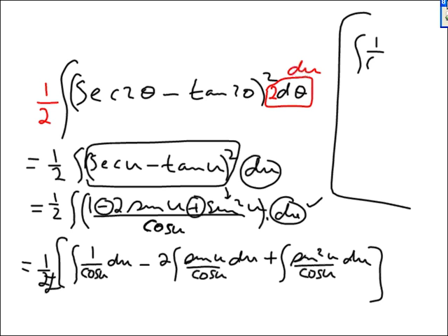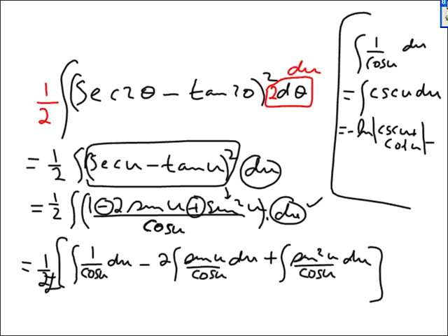You have 1 over cosine u du. But 1 over cosine is secant u du. And we're supposed to just remember what that integral is. The integral of secant u du is ln of the absolute value of secant u plus tangent u plus some constant.